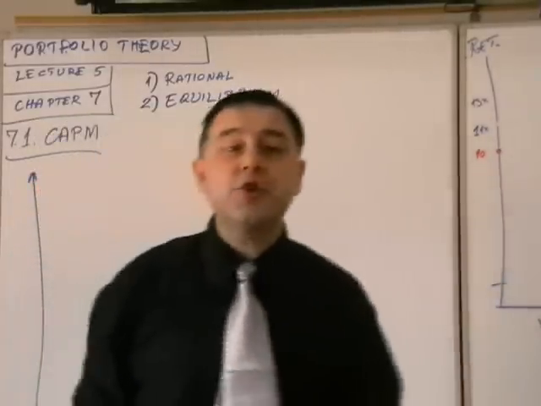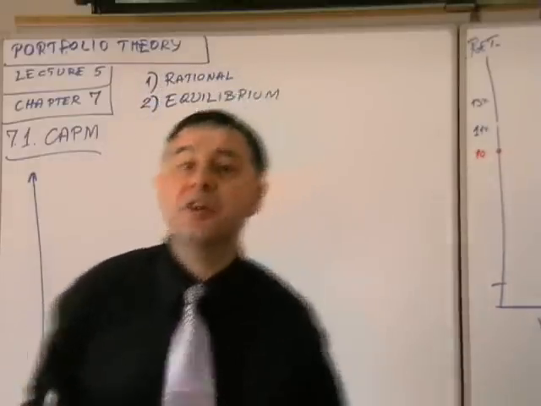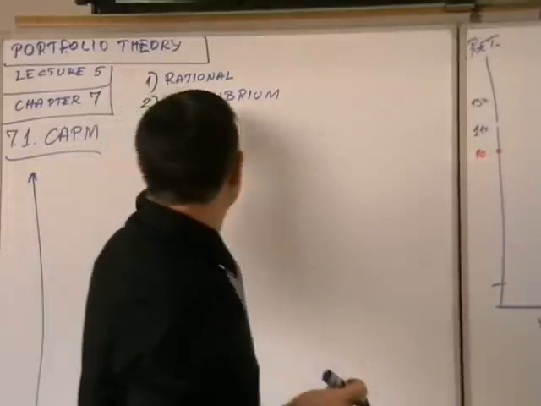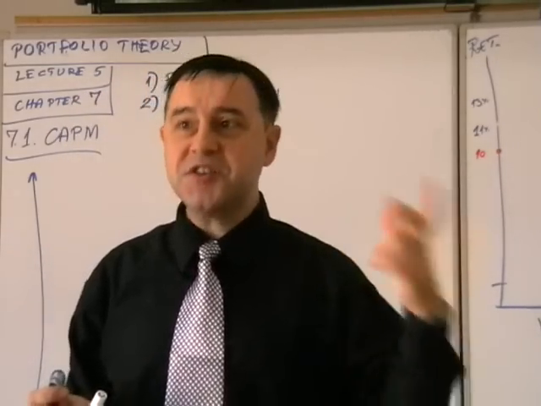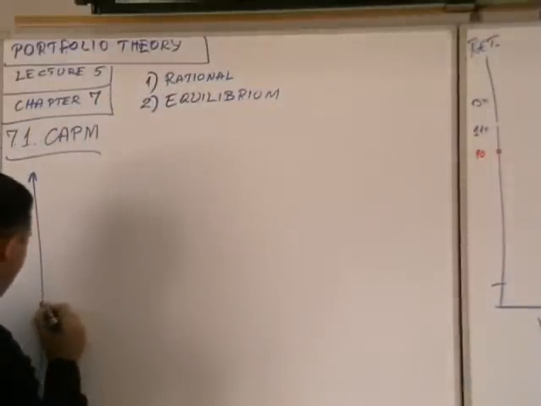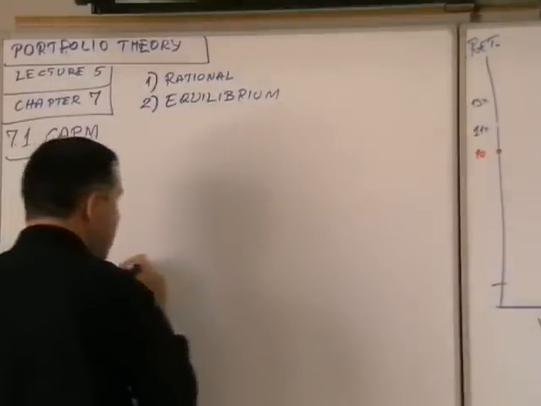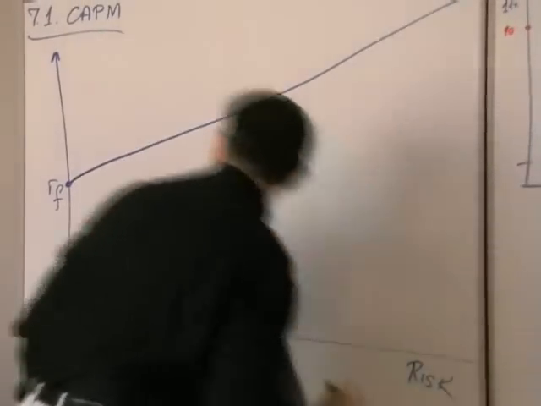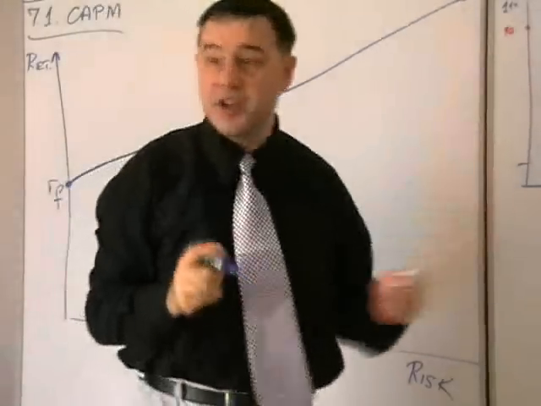And now we get to the argument which I made in a very short manner last time: if investors are rational and at the same time the market is in equilibrium, then the first thing that follows is that all stocks will be on this line. Here is RF, risk is here, and return is here.